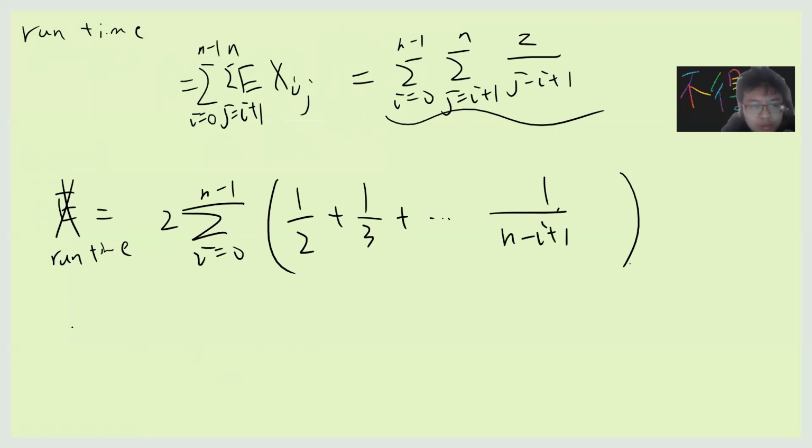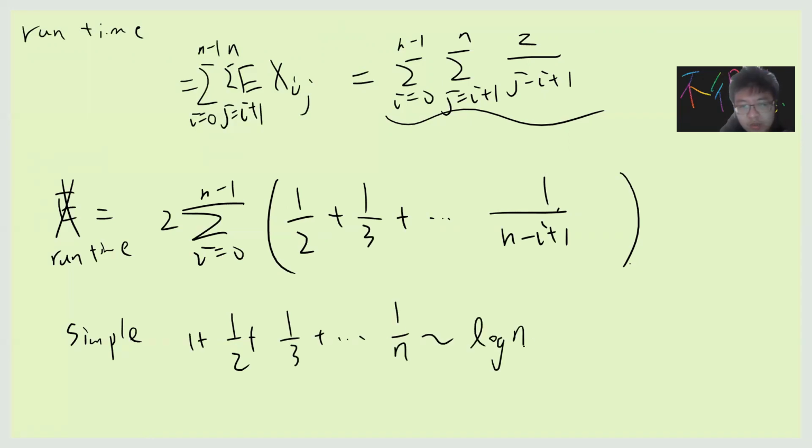A simple fact that hopefully you learned in your analysis lecture, and if you don't know this, I will post a link below, is that you can prove 1 plus 1 over 2 plus 1 over 3 up to 1 over n approaches log n. This is a harmonic series. Actually there is a constant called the Euler-Mascheroni constant.